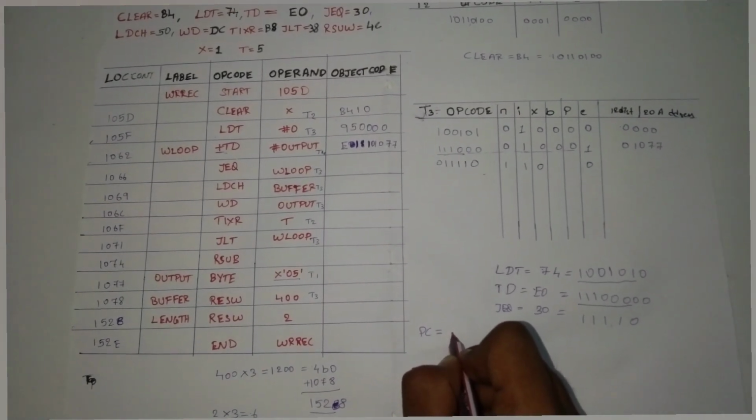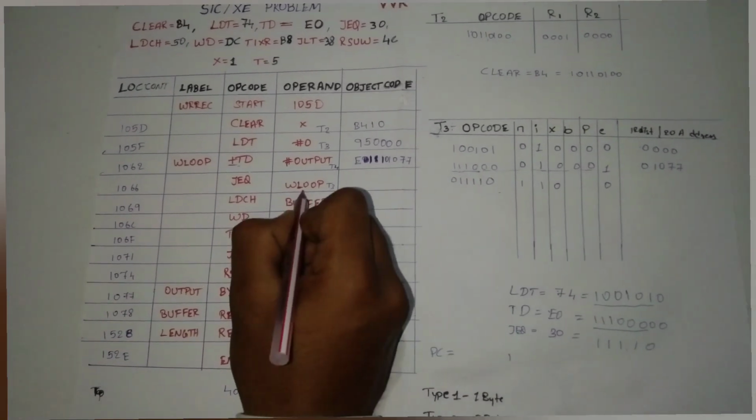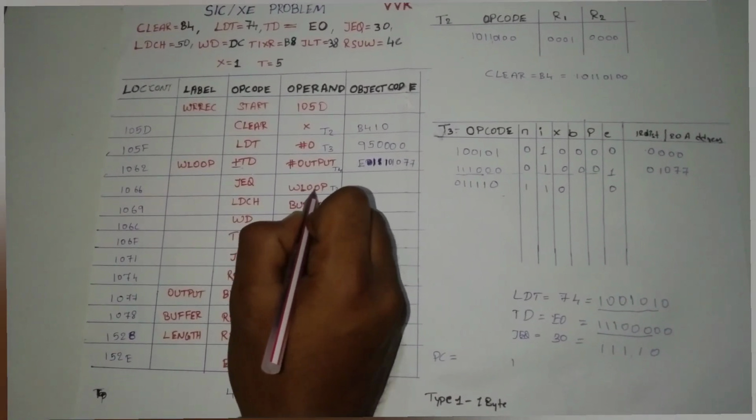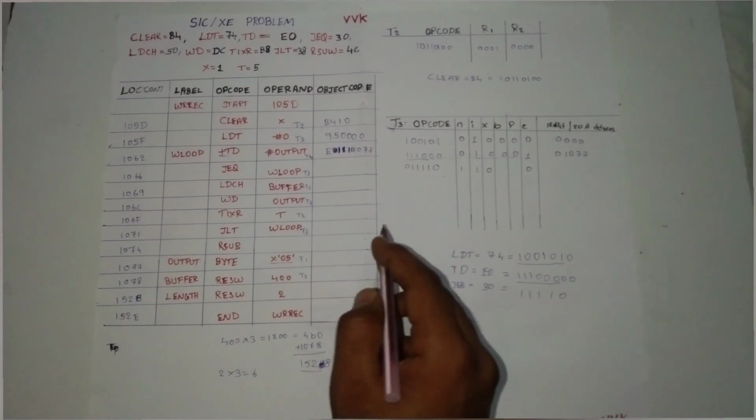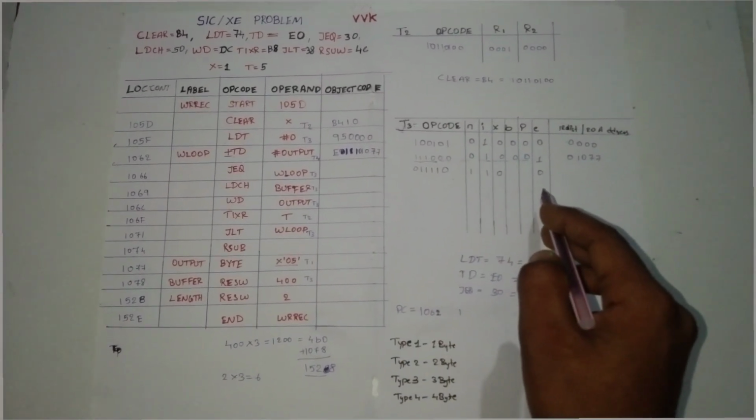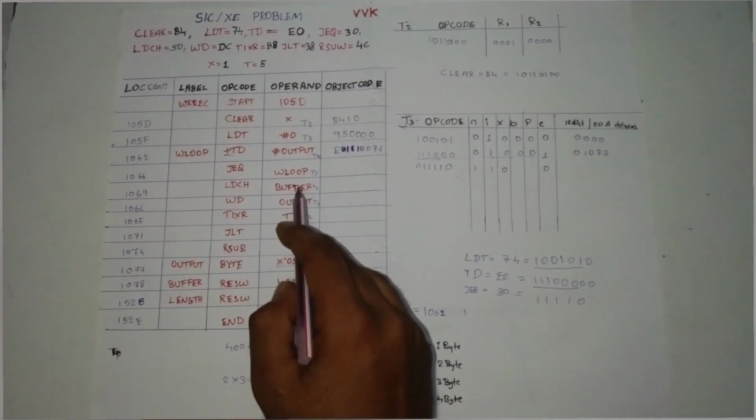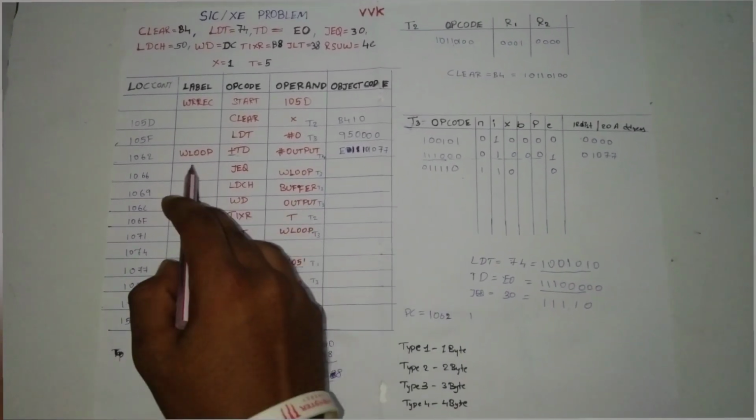PC is equal to the loop. Here it is used. So we need to find the program counter addressing mode for the first one, that is the loop, which we have already used here.